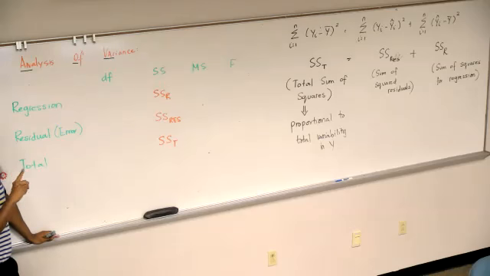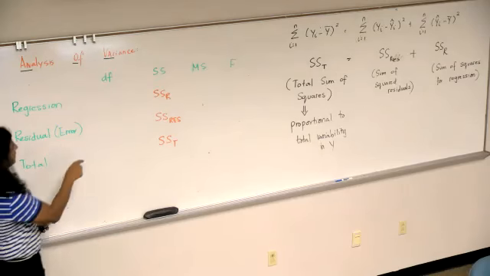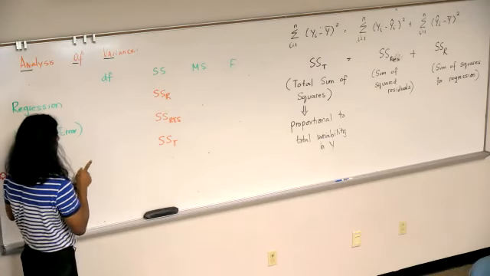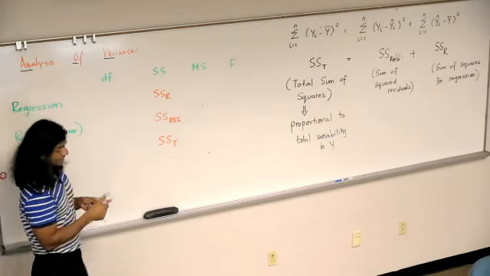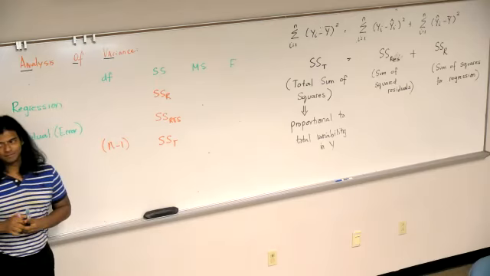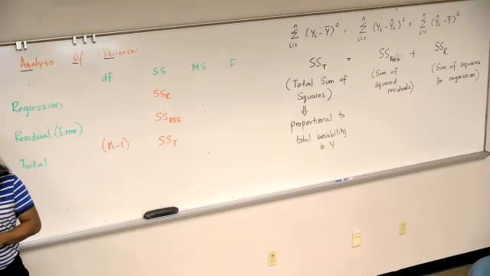If you divide that by n minus 1, what will you get? Variance. So the total degrees of freedom here has to be n minus 1 because that's the number you've got to divide by so that you get variance. Agreed?